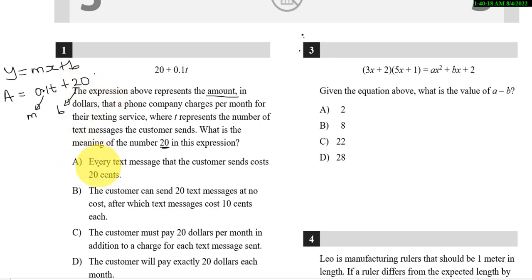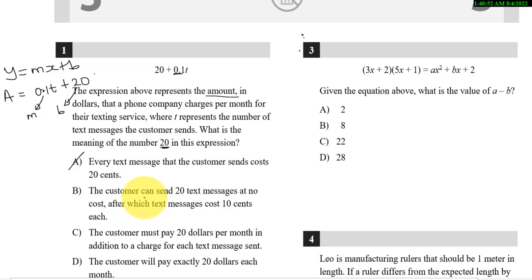So let's begin. Part A says every text message that the customer sends costs $20, 20 cents. That's not true, because if every text message cost money, that money should have been 0.1, since 0.1 represents the amount for every text message. So we eliminate A. B says the customer can send 20 text messages at no cost, after which text messages cost 10 cents each.